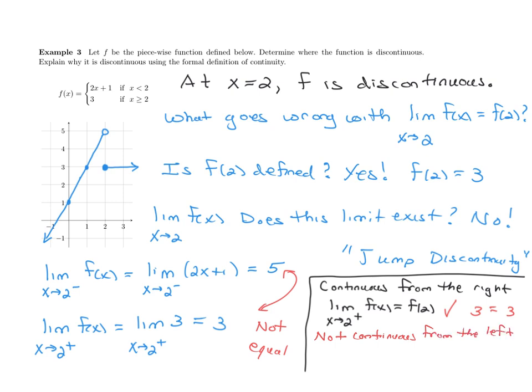And the reason for that is, if you look at the limit as x approaches 2 from the left of f, it's equal to 5. And 5 is not equal to 3, which is the value of the function at 2. So you can actually get more specific about continuity. You can consider just either the left or the right side. Here, it was not continuous on the left, but it was continuous on the right.